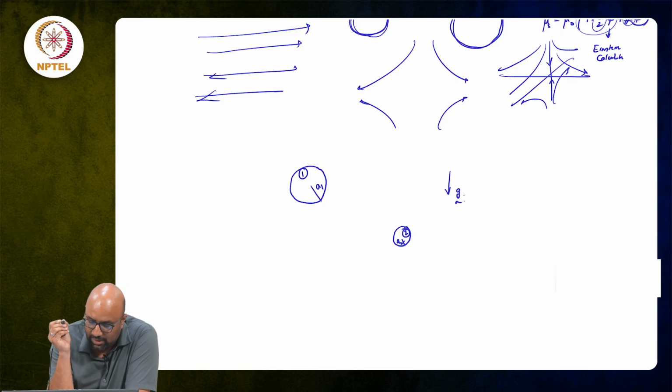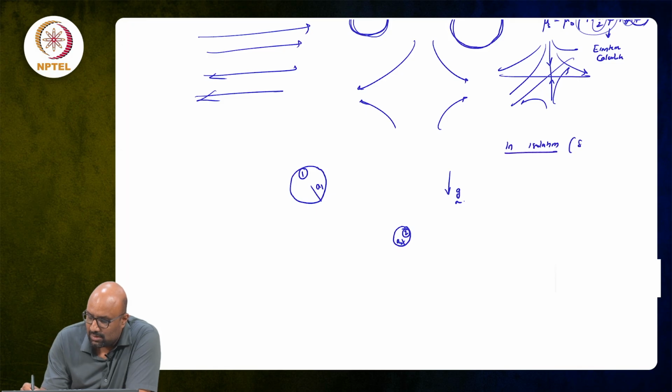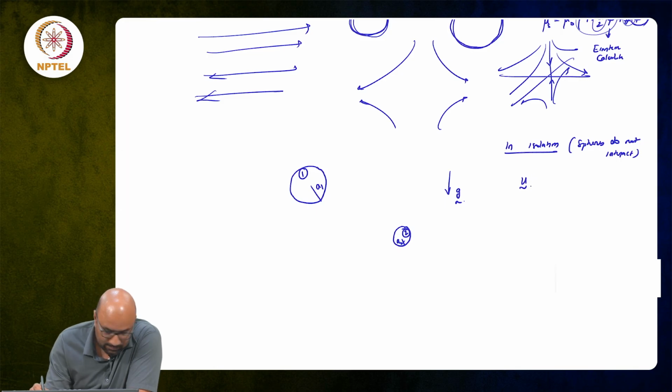If you have to treat this problem in isolation, isolation means the spheres do not interact. What is the settling velocity of sphere 1 and what is the settling velocity of sphere 2?